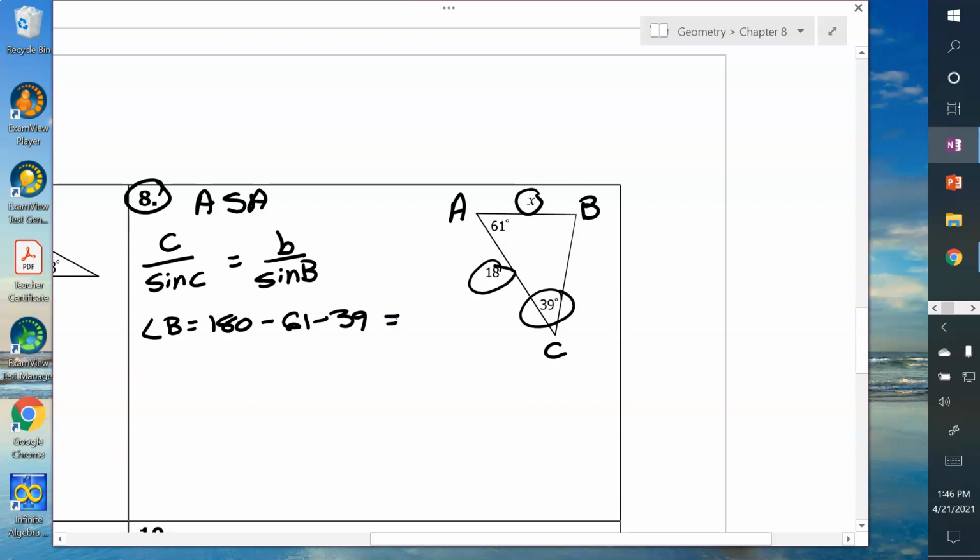So 180 minus 61 minus 39, I got 80 degrees.